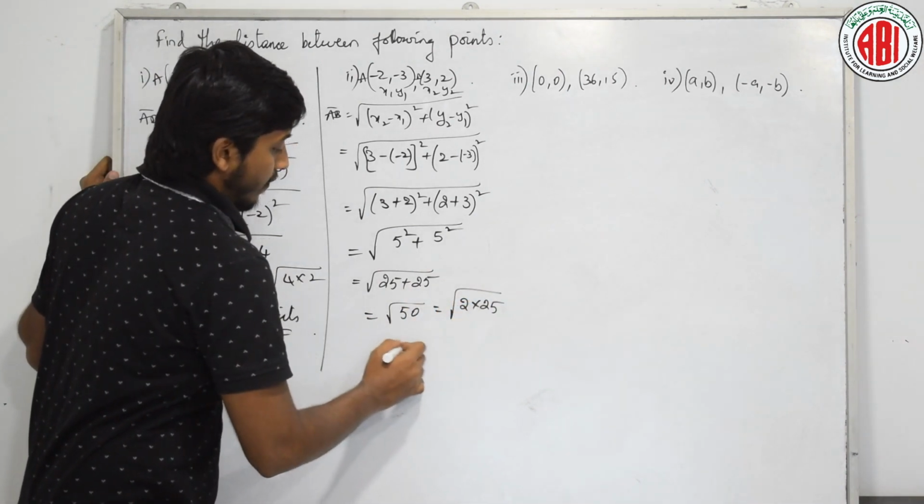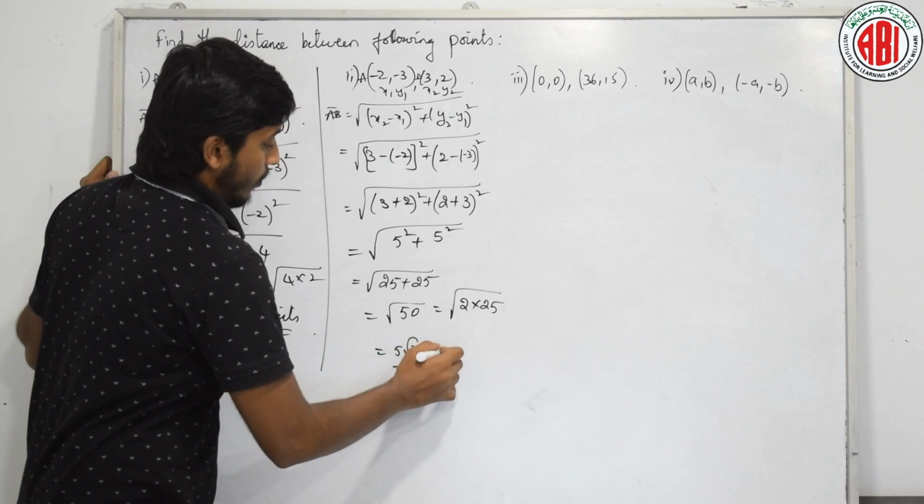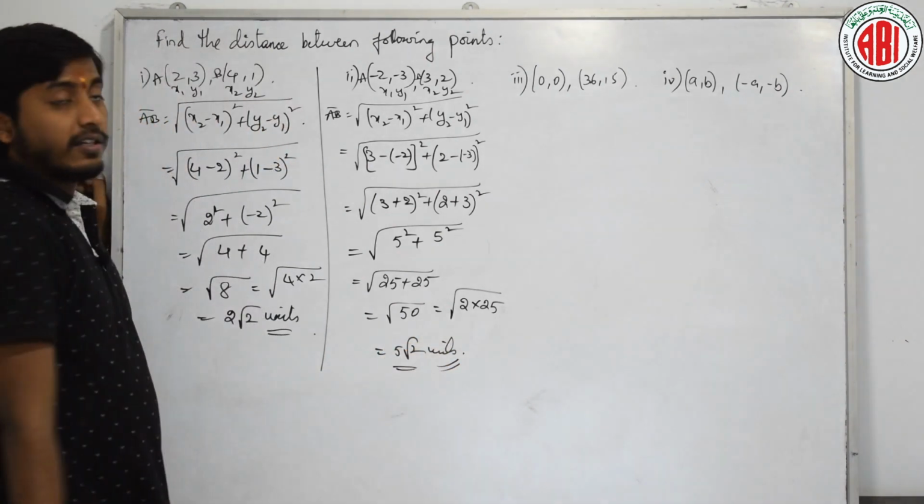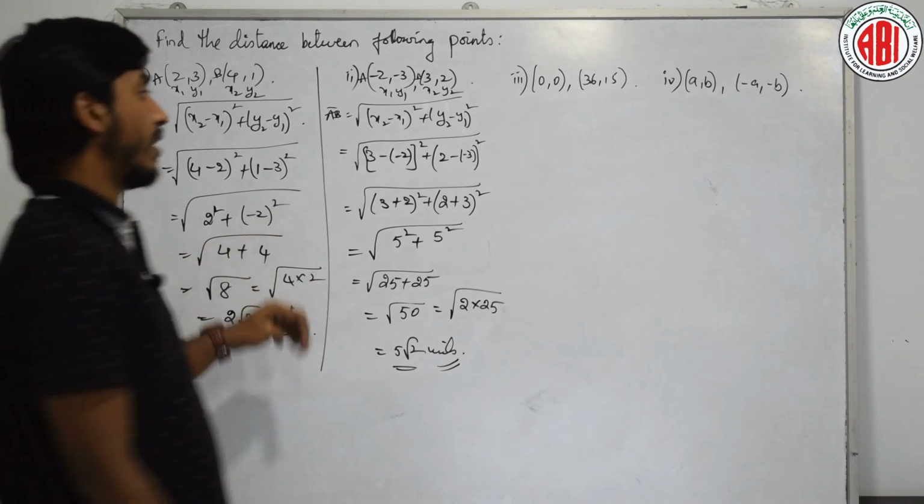That is 5 root 2 units. Is it fine? Did you understand?